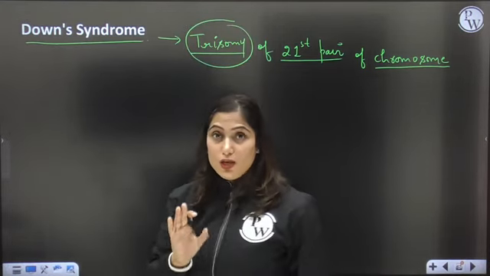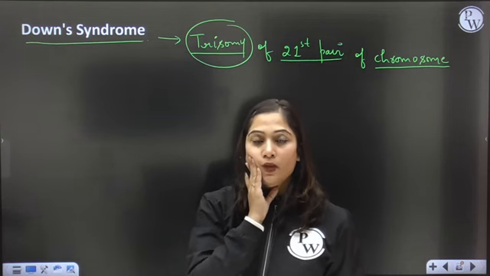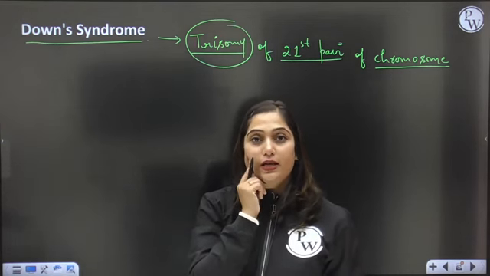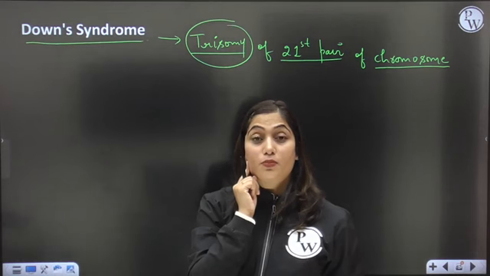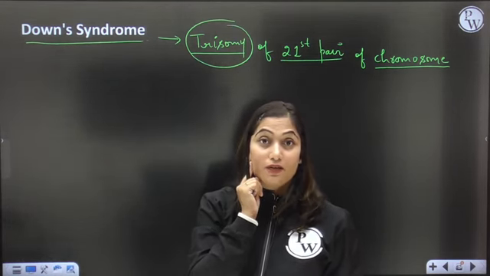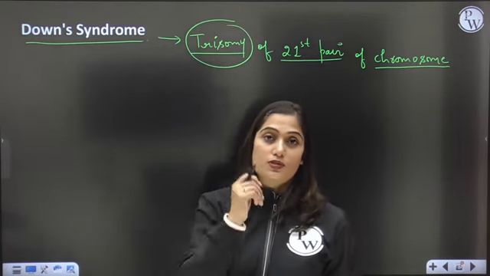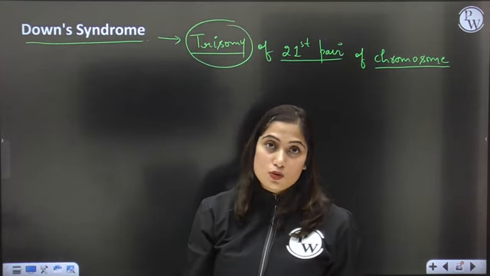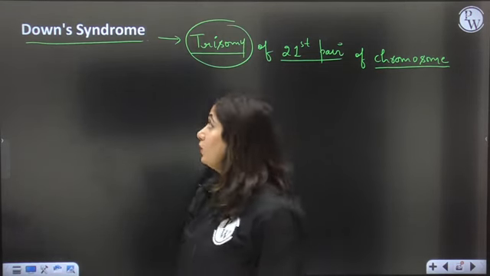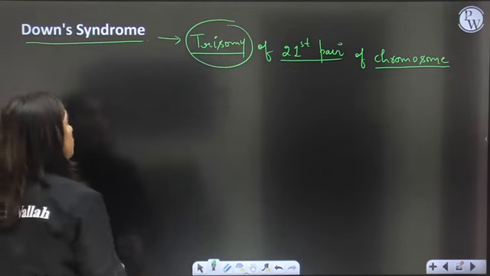Usually we know that we have 23 pairs of chromosomes. That means in a pair 2 chromosomes are there. But in the case of Down syndrome, the number of chromosomes increases from 46 to 47, and in the 21st pair there are not 2 chromosomes, there are 3 chromosomes, and this is called trisomy. Okay, so there is trisomy of the 21st pair of chromosomes.